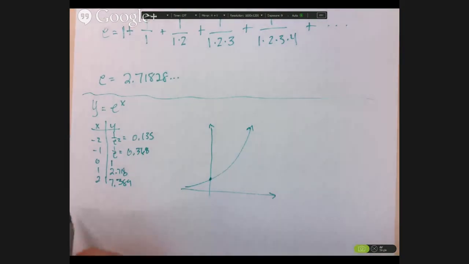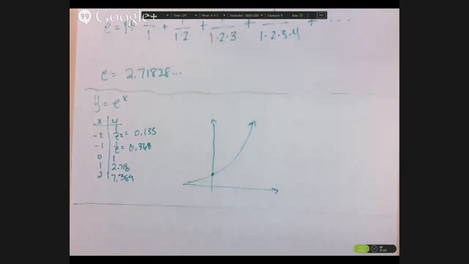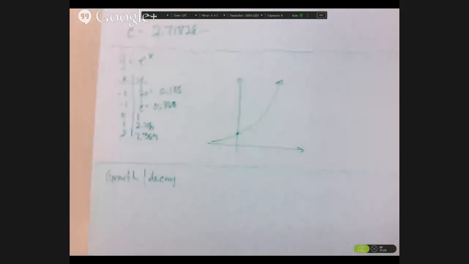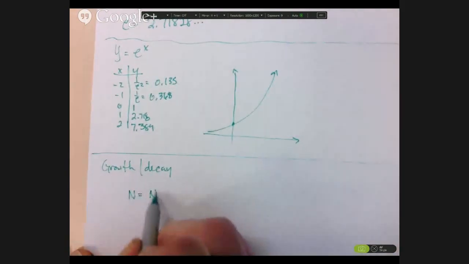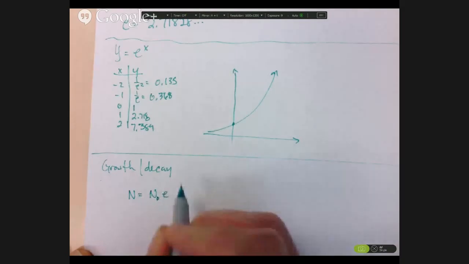Okay. All right. Growth or decay? This is the equation with e in it.